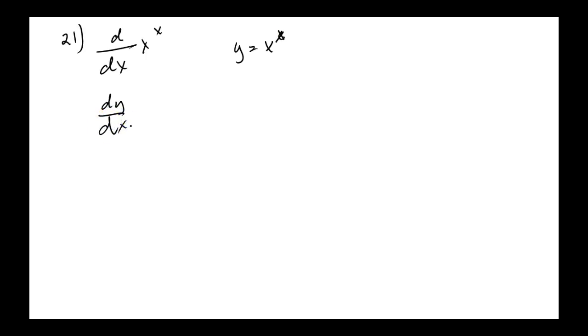Now what I want to do is take a log of both sides, because that undoes an exponent. Let's do the natural log, ln, because it's base e.